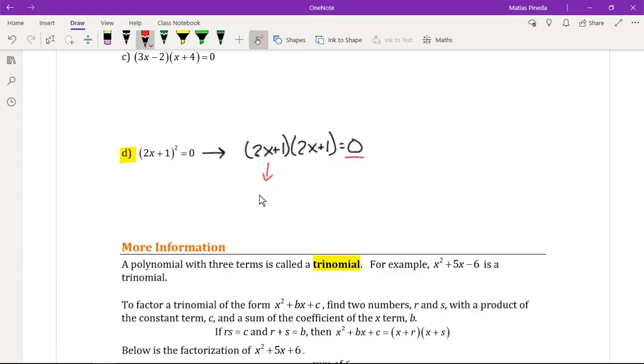We pull out 2x plus 1 and set it equal to 0. Then we solve it for x, so we subtract 1 from both sides. We get 2x equals -1, and then we divide by 2. x equals -½. In this particular case, there's only one single root because the second binomial is the same as the first one, so you will have the same answer. So x equals -½.